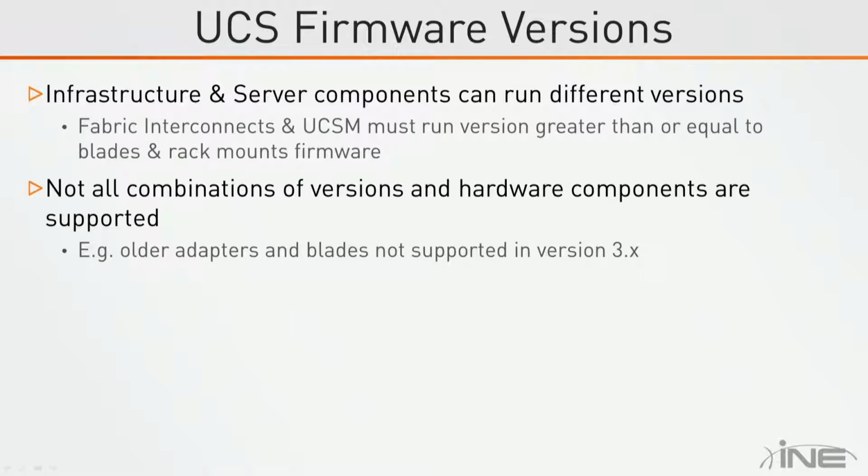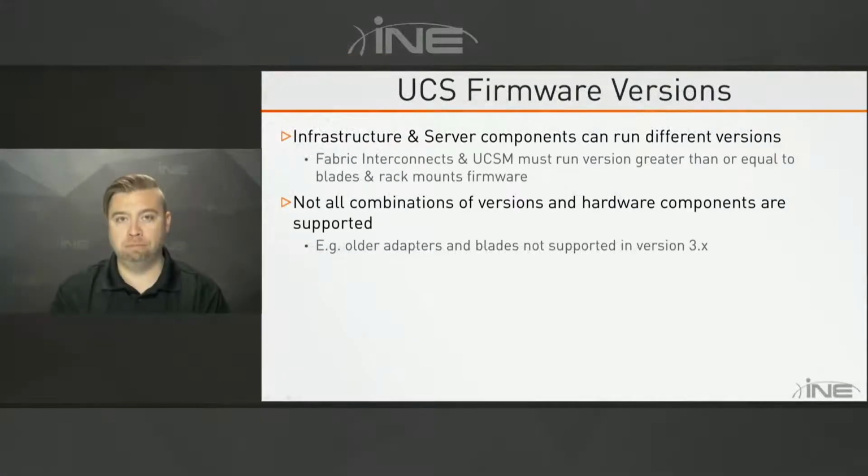So in my particular case, one of the chassis has older M2 blades and older adapters, which are the Generation 1 Cisco modules, I believe an M81KR, and those are not supported in 3.x. So you can basically run into a case where your Fabric interconnects and the UCS Manager would support upgrading.